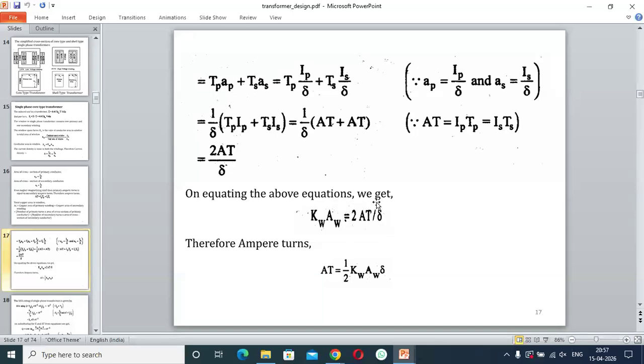So 2 AT divided by delta, and from here we get the ampere turns, and the ampere turns will become 1 upon 2 KWAW multiplied with this delta. So from here we can calculate the ampere turns. What should be the ampere turns in the system?